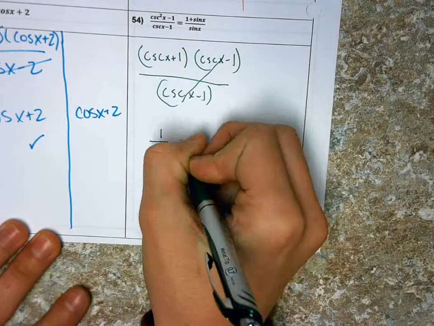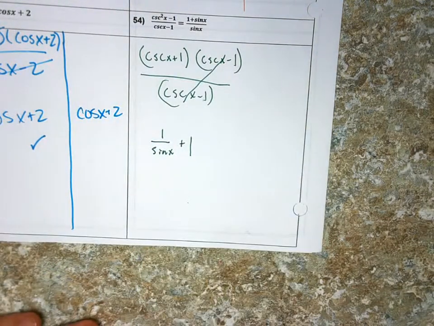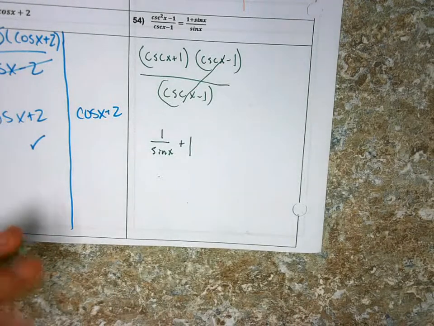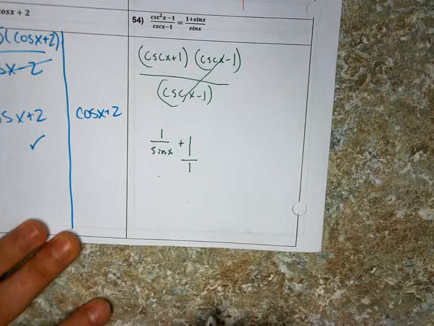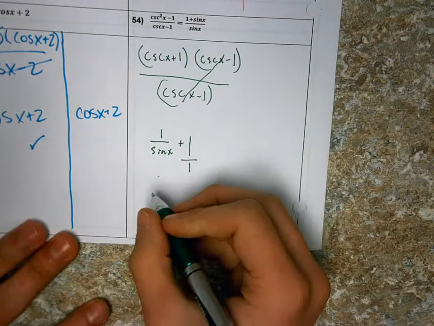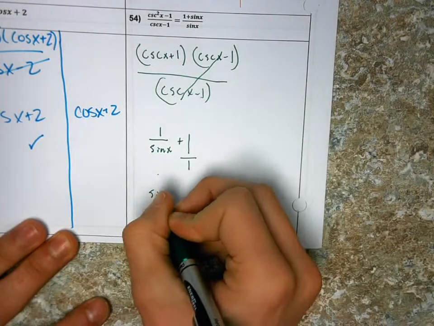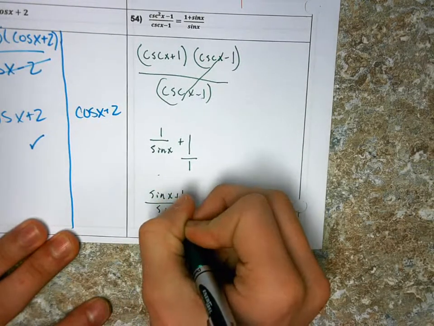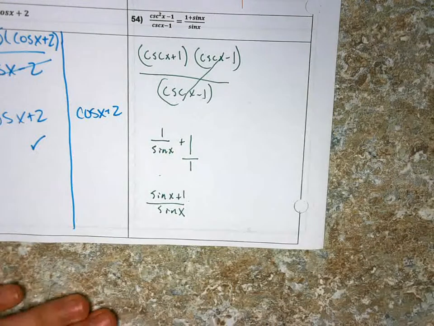And then you can put the plus 1 over 1 and cross multiply, and so you get sine x plus 1 over sine x. And that's the answer.